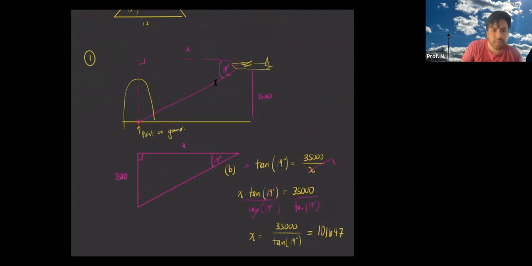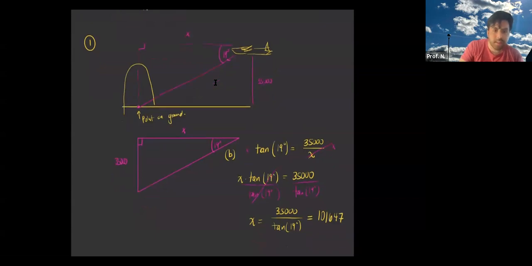But part A is asking for the distance between the plane and the base. So that's very strange. So we found B first, and B will actually help us find A.